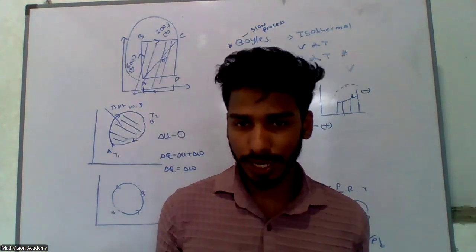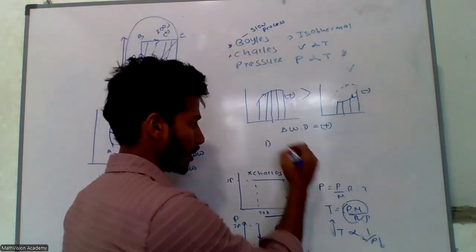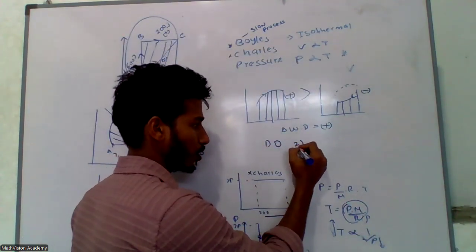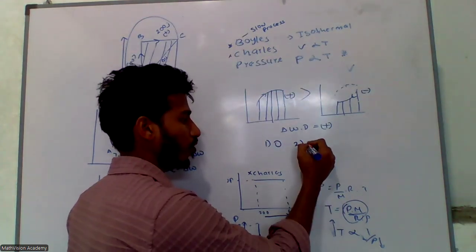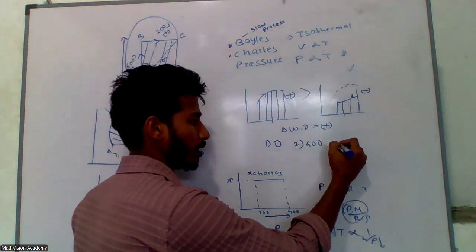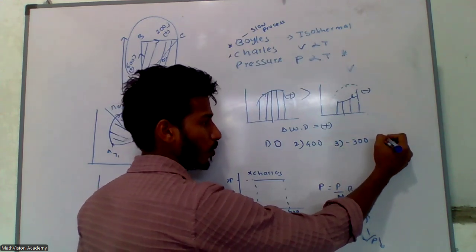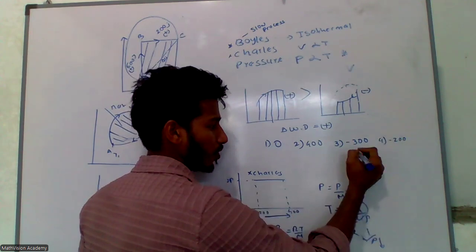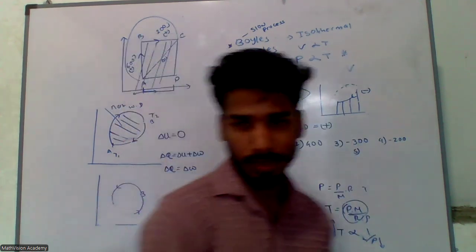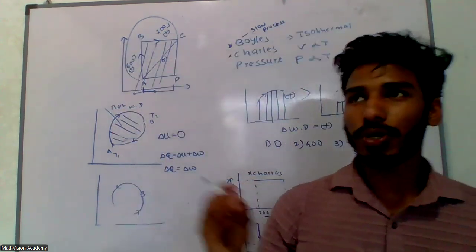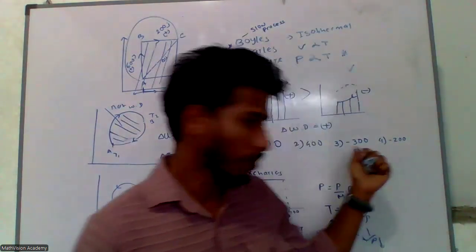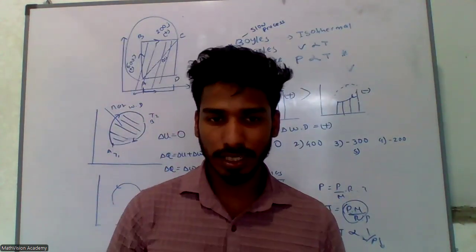They are asking a question like that. So let's say they are giving an answer 0, then 400, then minus 300, the fourth one is minus 200, and the fifth one is none of the above, or not enough information. So they are just giving you 5 answers.